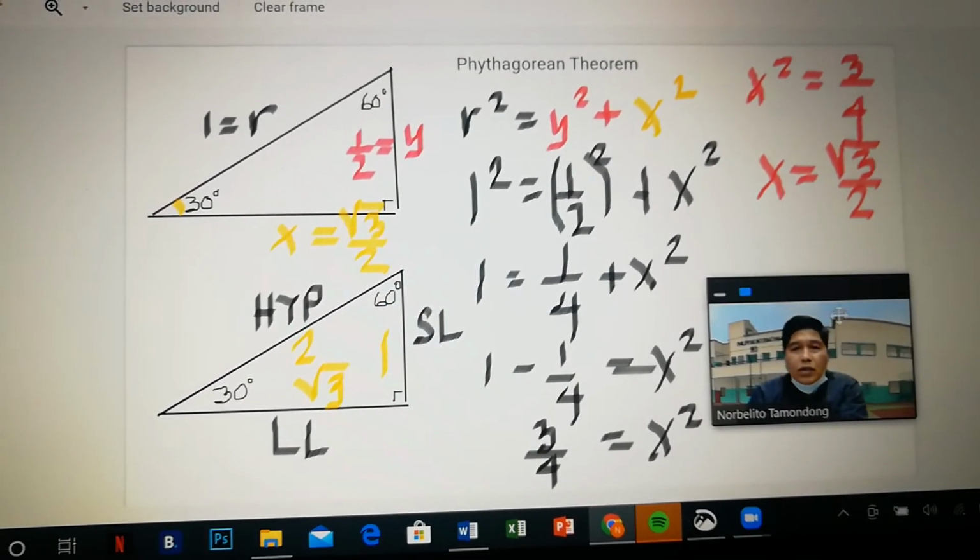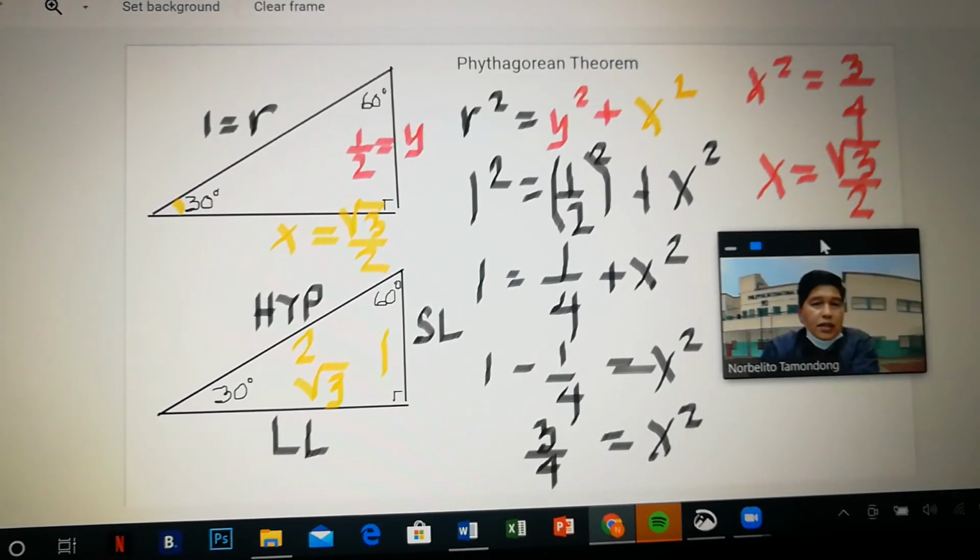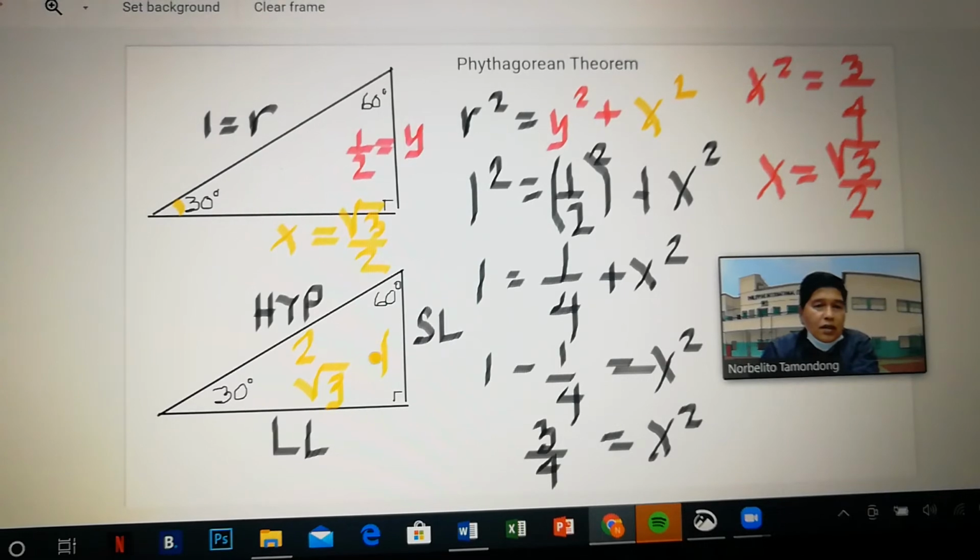Now, what do you observe about the relations between the sides of the right triangle? Okay, the relation is that when you find the hypotenuse, given the shorter leg, the hypotenuse is 2 times the shorter leg. And if you find the longer leg, given the shorter leg, the longer leg is square root of 3 times the shorter leg.